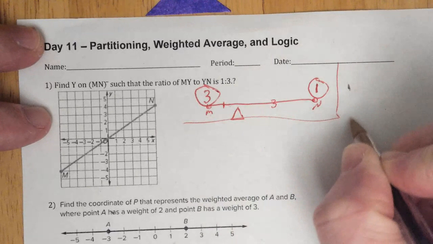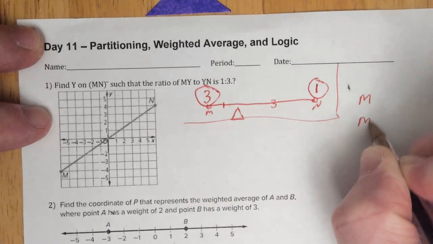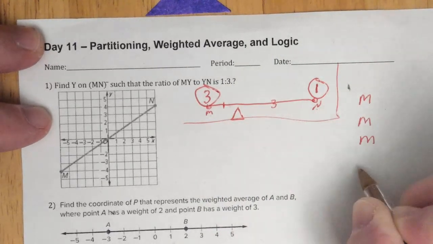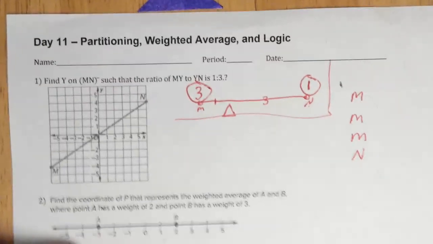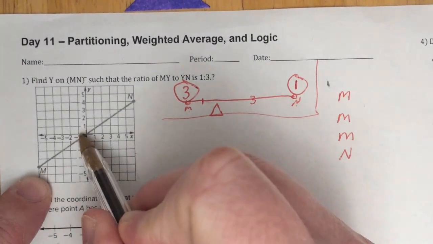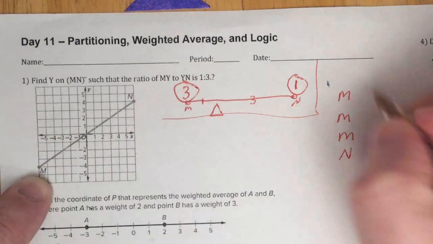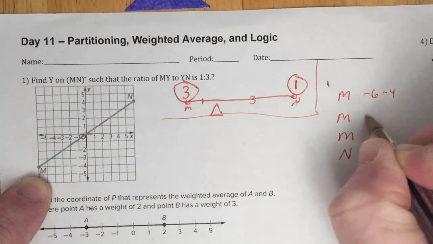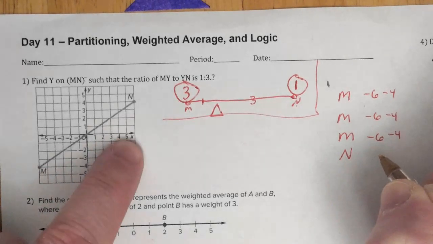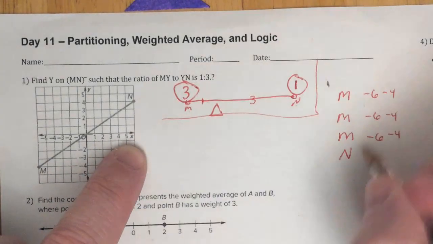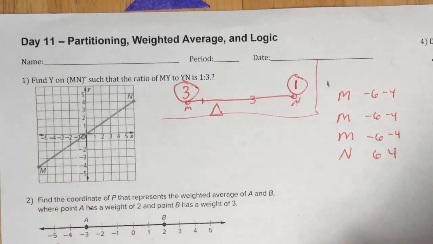There are 3 M's, 1, 2, 3, and there's 1 N. Boom. All right, so let's actually write down those coordinates. M is at -6, -4, and there are 3 of those. N is 6, 4, and there's only 1 of them.